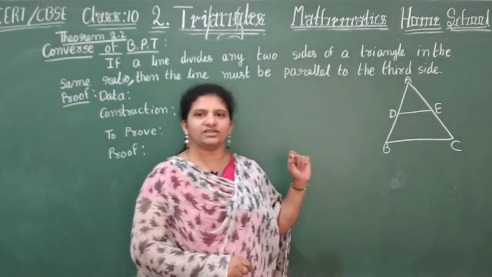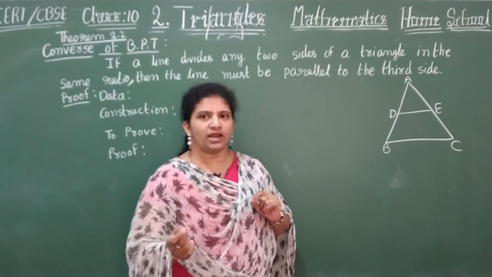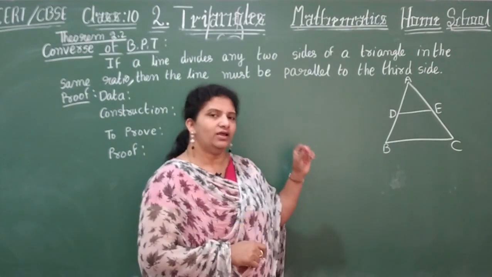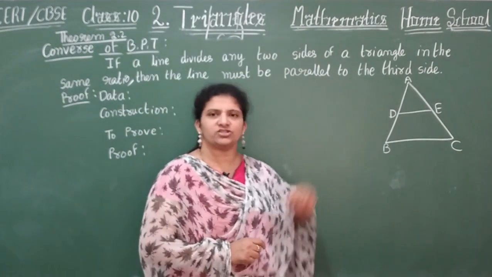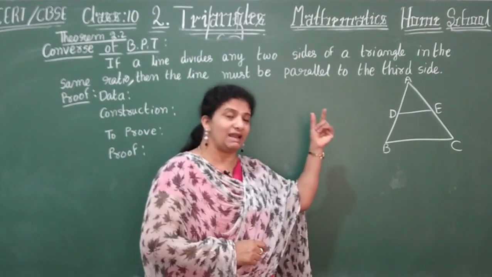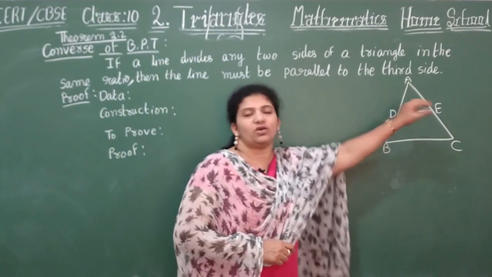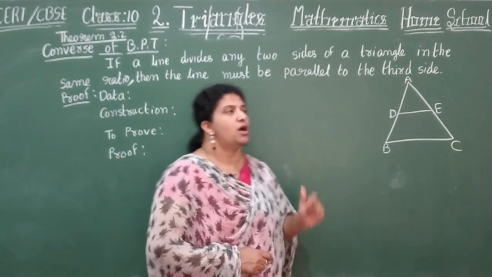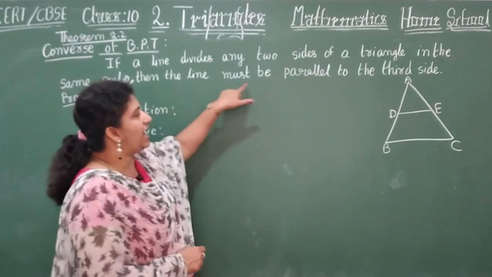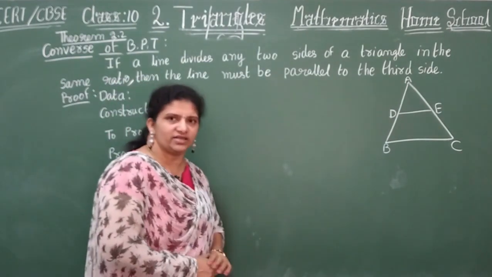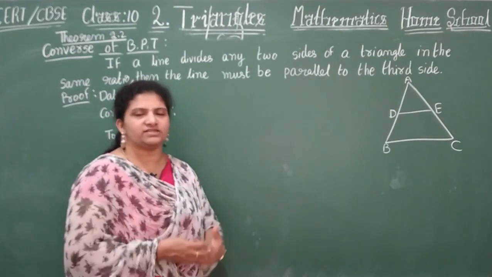Do you understand here, children, carefully? Before, the line drawn parallel was dividing the sides into proportional ratios. Now this line is dividing these two sides in equal ratio. Prove that the line must be parallel to the third side. Just a reverse of that statement.